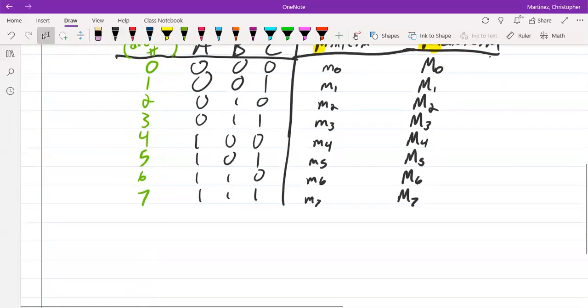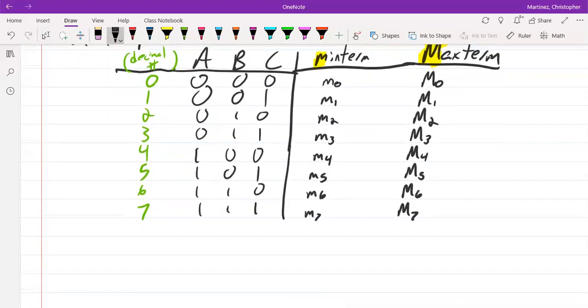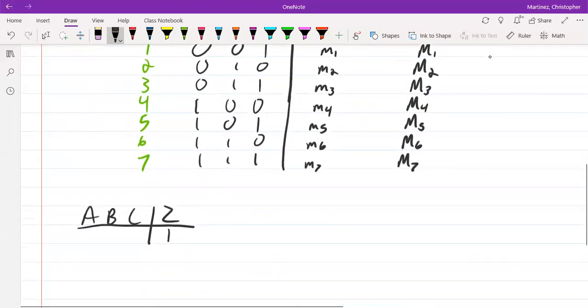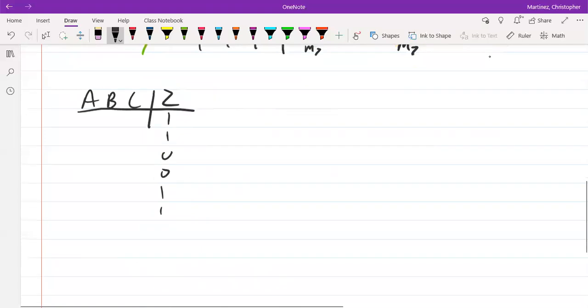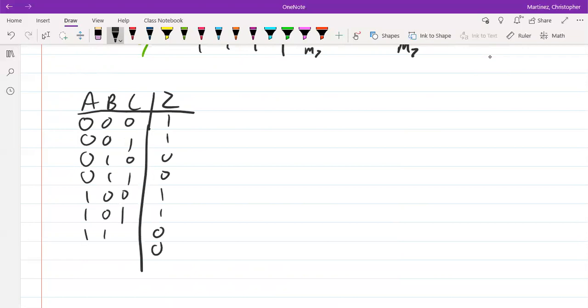Now, why are these items important? Because if I had that truth table that we started off with and I wanted to solve this as the expression, instead of writing out A bar, B bar, C bar, I can write it out as what minterms I want.